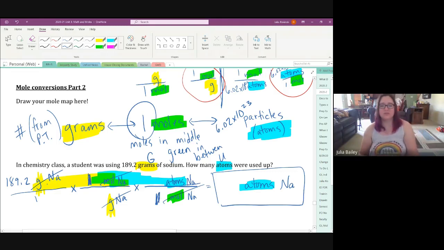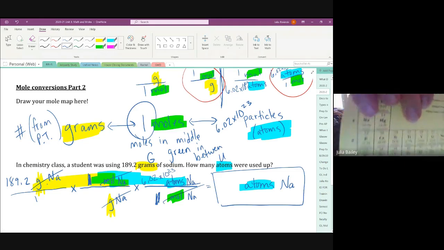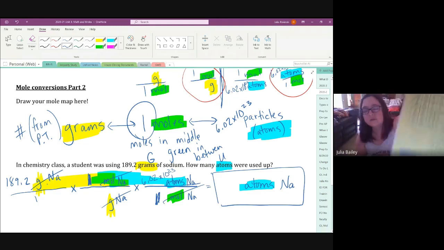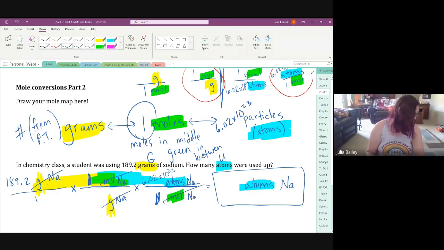For atoms, when it's blue, you use 6.02 times 10 to the 23rd. And your grams have to come from the periodic table. So you've got to find sodium on the periodic table. It's right there. Sodium has a mass of 22.99.